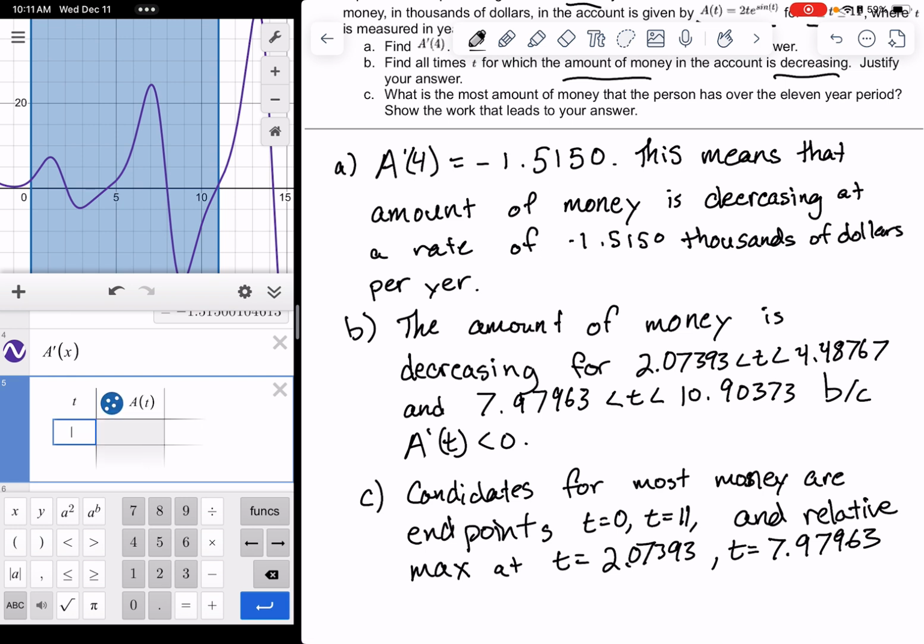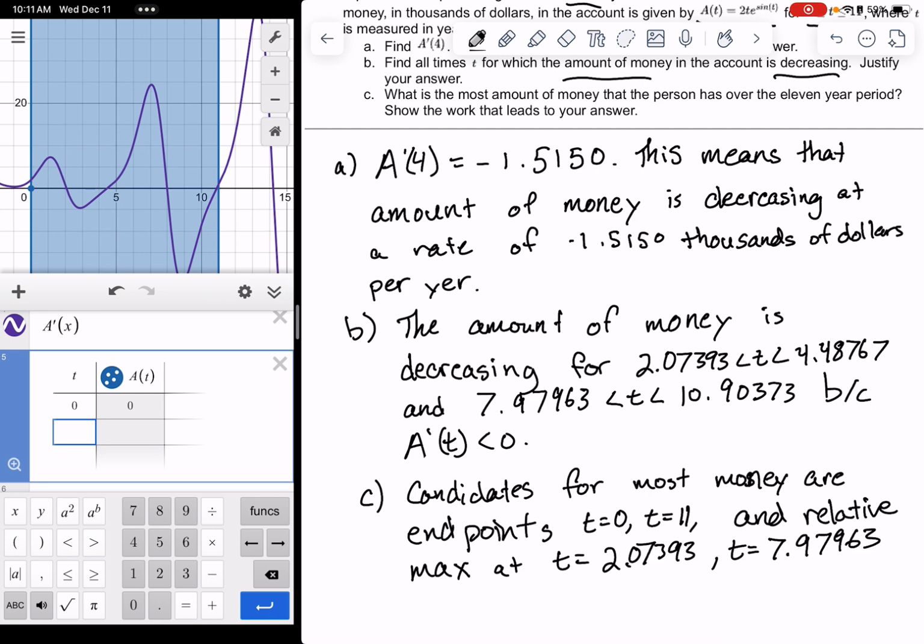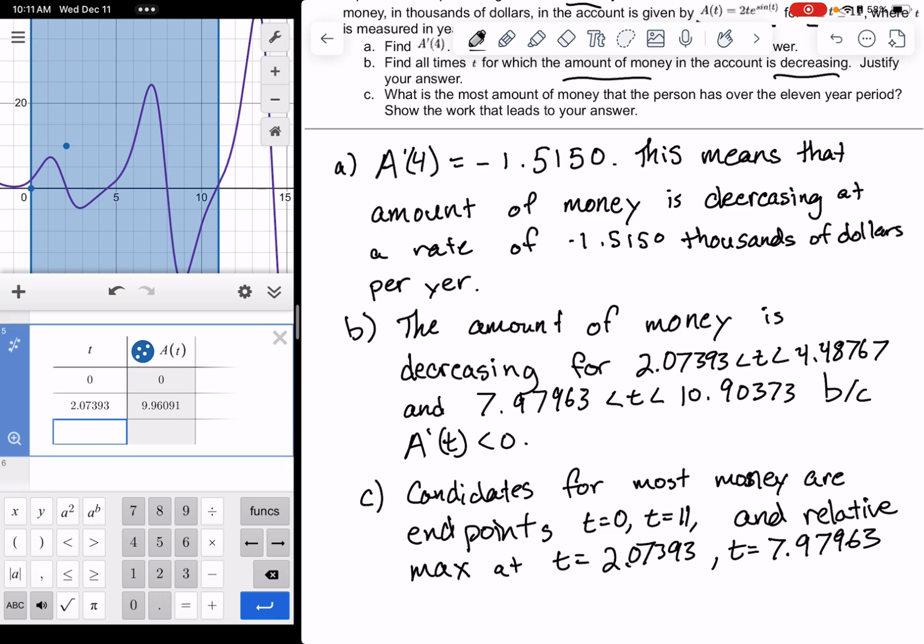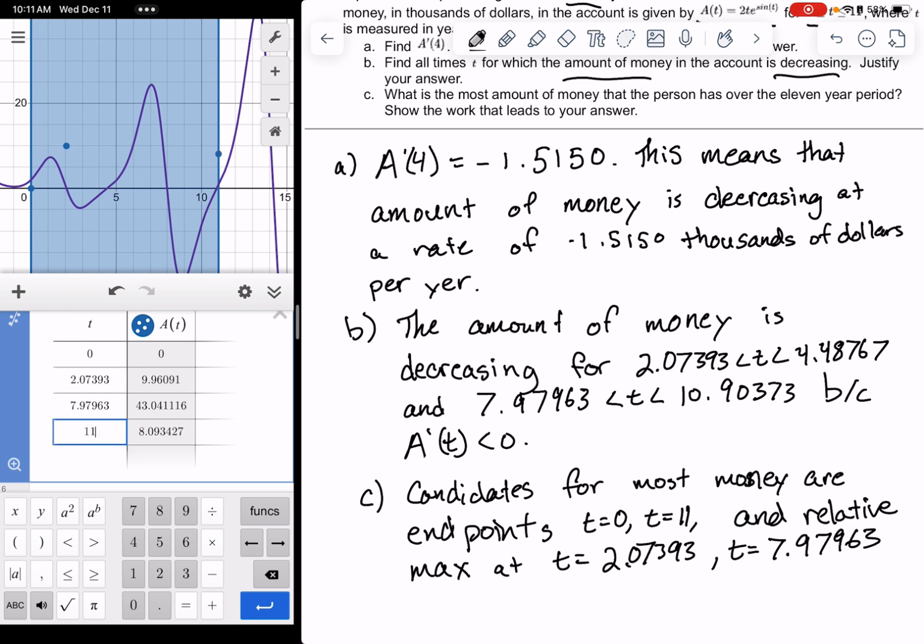And then all I got to do is type in those t values that we have. So we have 0, we got 2.07393, we have 7.97963, press down again, and then we have 11.